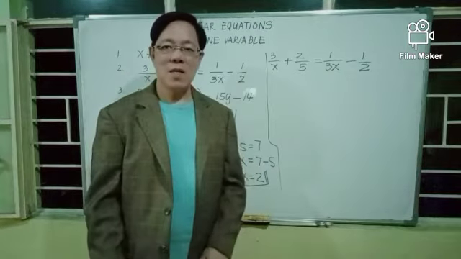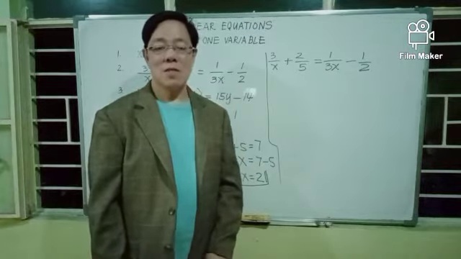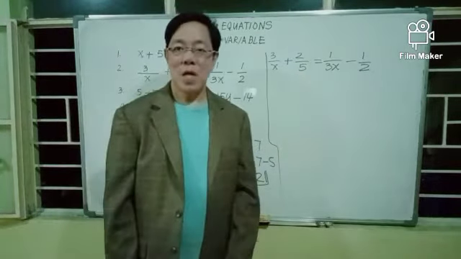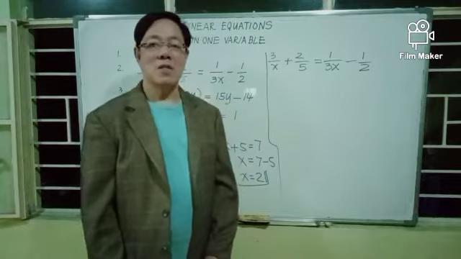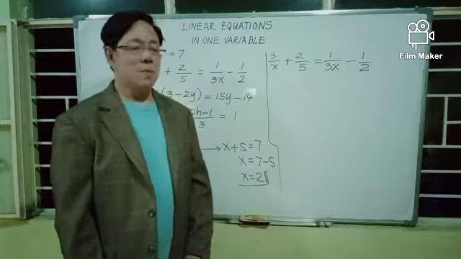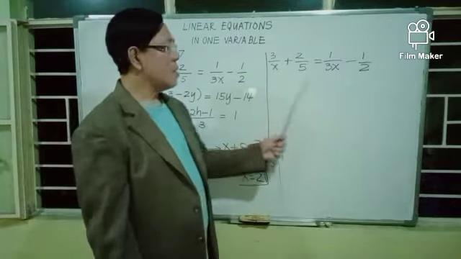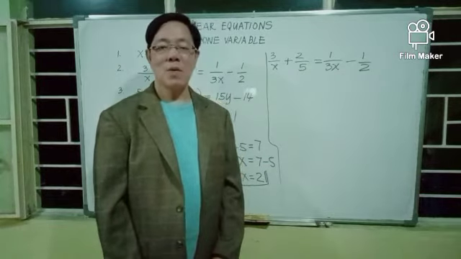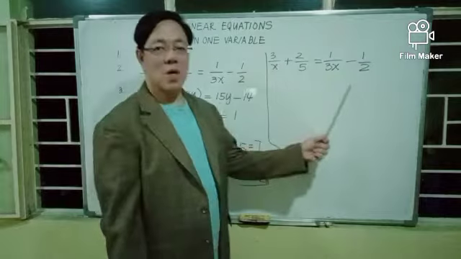And in solving linear equations in one variable that involve rational expressions and fractions, we have to remove the denominators. And we do that by multiplying both sides of the equation.